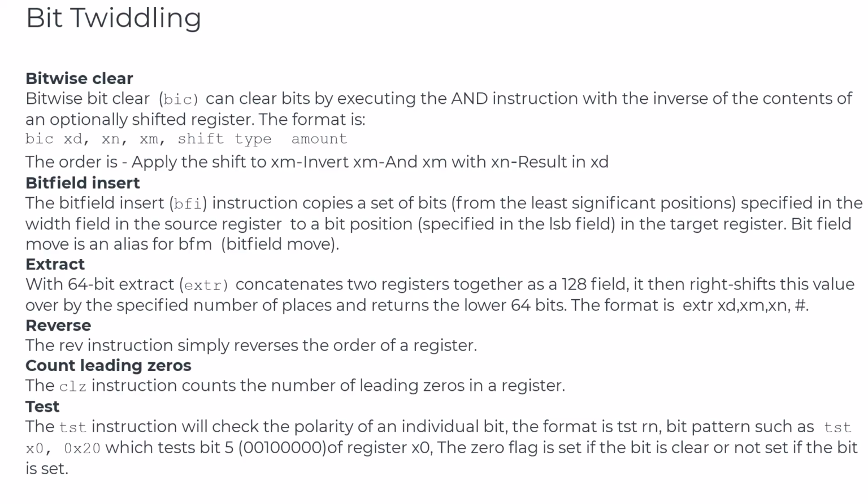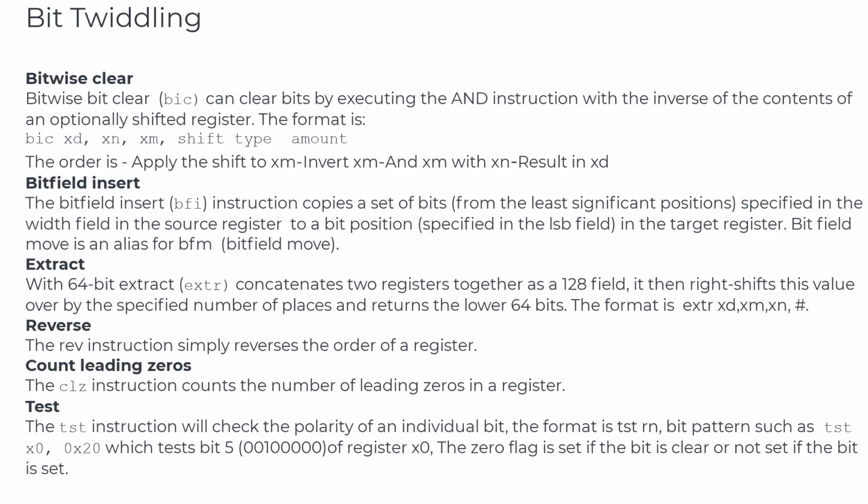And this can clear bits by executing the AND instruction with the inverse of the contents of an optionally shifted register. So the format is BIC, destination register, XN, XM, and the shift and the amount. So the order is apply the shift to the XM register, invert the XM register, and then do the ANDing of XM with XN placing the result in RD.